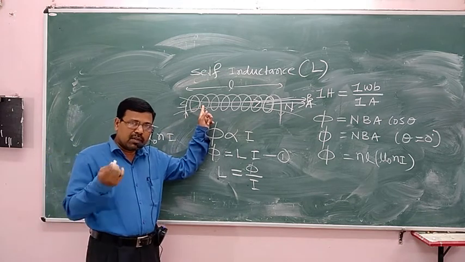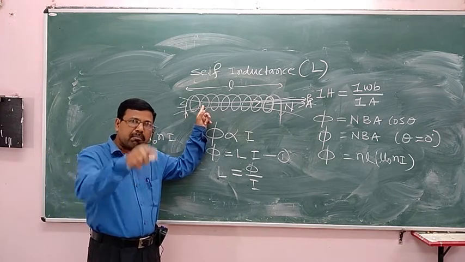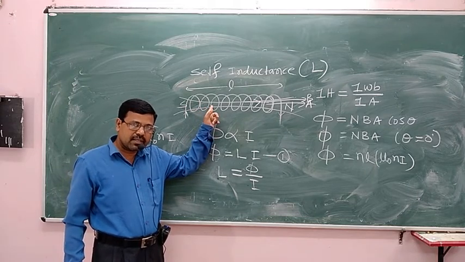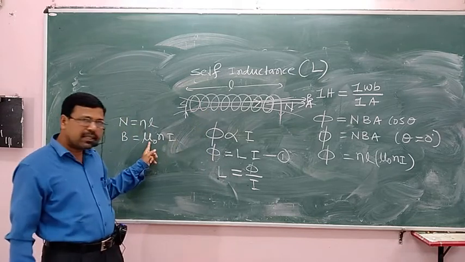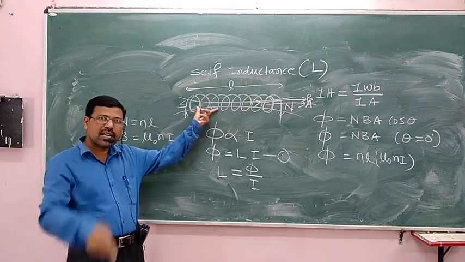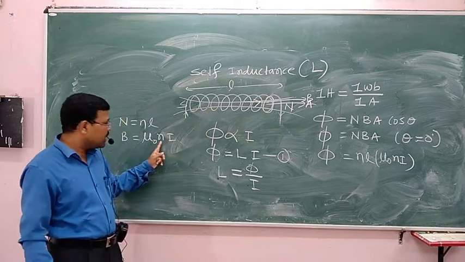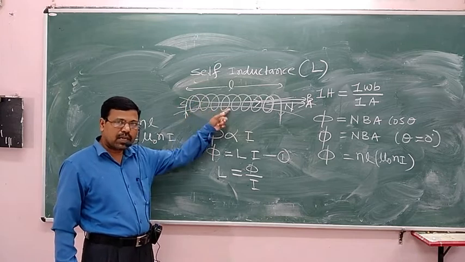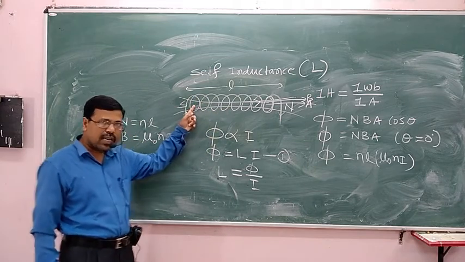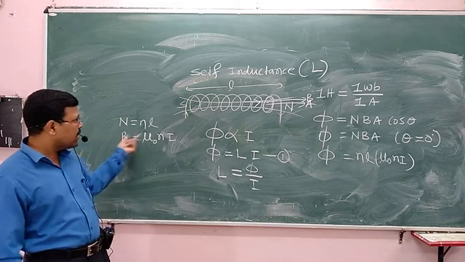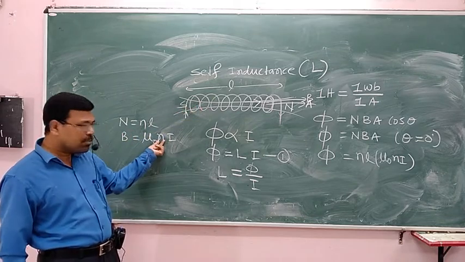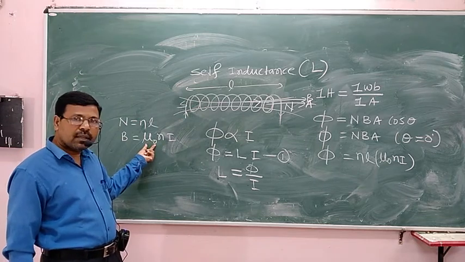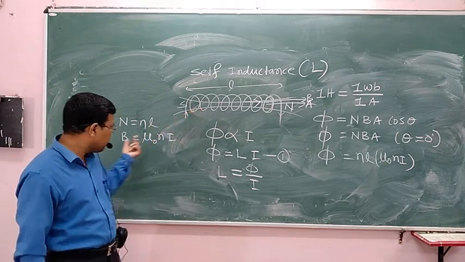If air is replaced by some material like soft iron, then the permeability increases, and the strength of the magnetic field inside the solenoid increases. Here n means number of turns per unit length, and I is the current passing through the solenoid. If a large current passes, a large magnetic field is produced. If the number of turns per unit length is more, the magnetic field is more. If mu naught is replaced by mu, the magnetic field is more.